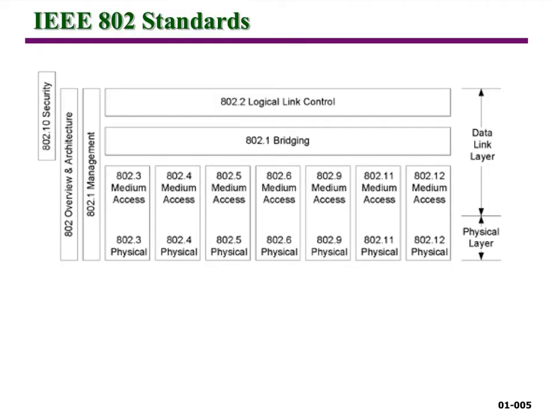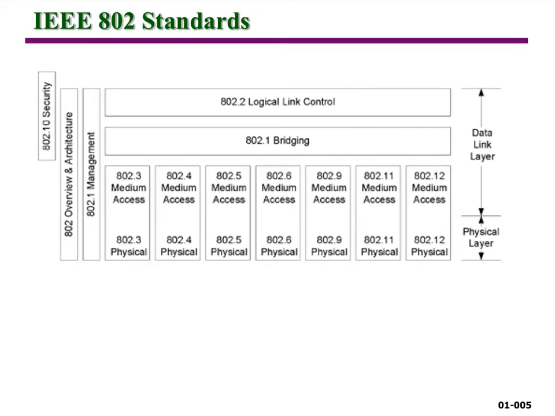All right. So this graph here shows the global picture of all the 802 standard family. Okay. So in 455, we've covered 802.3, which is Ethernet, and a little bit of 802.11, very superficially, in network 1 and network 2.